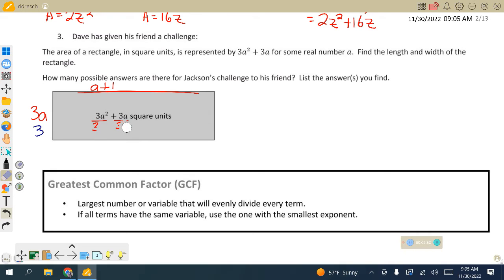If I only pulled out a 3, okay, now divide. Well, what's 3 divided by 3? Back to still 1, right? Do I have any variable a's to divide out? No. So another possibility is to have a dimension of 3 by a squared plus a.